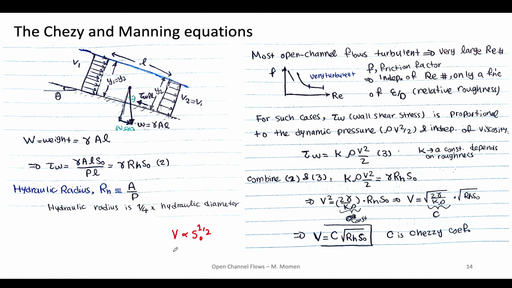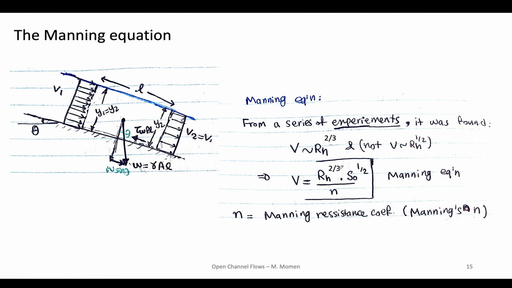So it was found that V is actually a function of hydraulic radius to the power 2/3, not 1/2. So it's kind of close to this approximation, but it's a little bit different. As you can see, this led to what we know as the Manning equation.